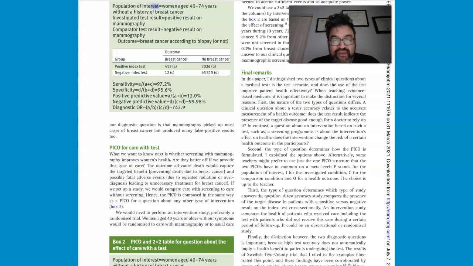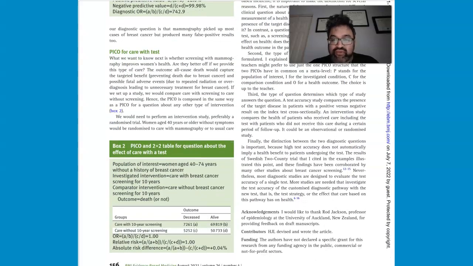So you want to make sure that you know what diagnostic tests are and what you're using. I'm just going through this a little bit to make sure. Most diagnostic tests are designed to evaluate the test accuracy of a single test.